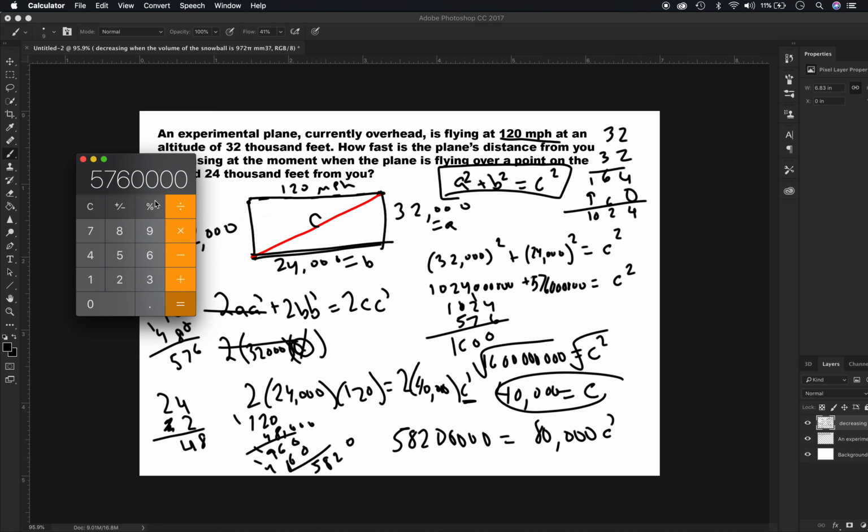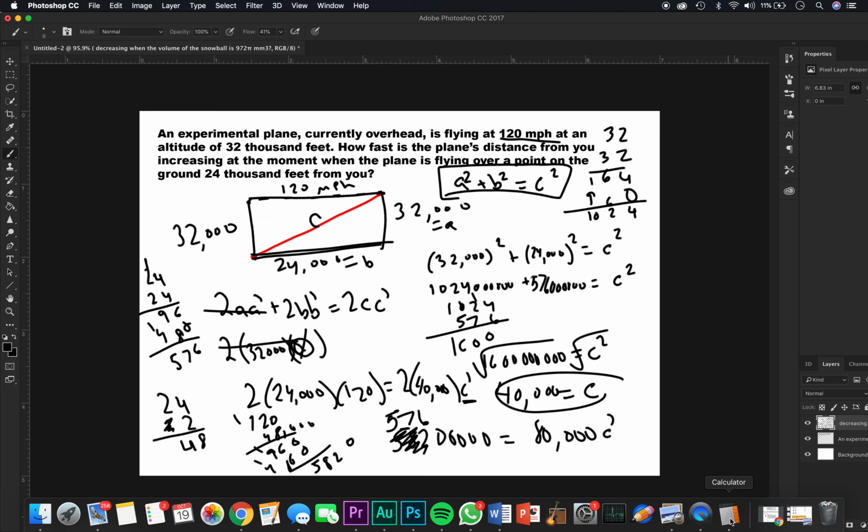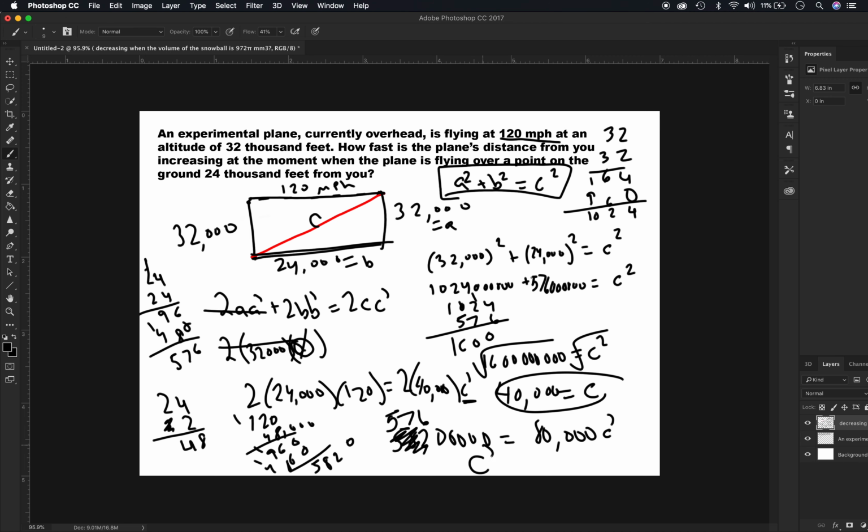Yeah, whoopsies. So 576, whatever, and then divided by 80,000. And your answer is 72. Yeah, I don't know how to do basic multiplication, but the rest is correct.